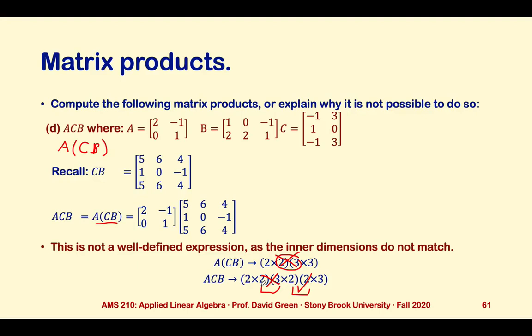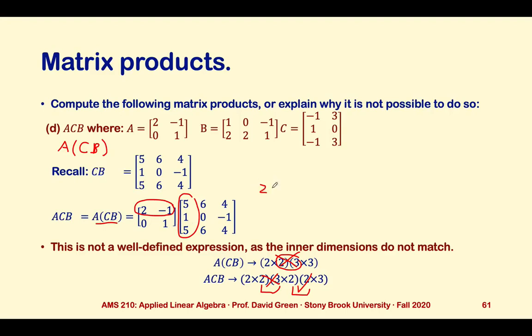If you forgot to do the check, you should very quickly realize that something is wrong. If we try to evaluate this product, what would we try to do? We would try to walk along the first row of A and the first column of CB, multiplying corresponding entries.